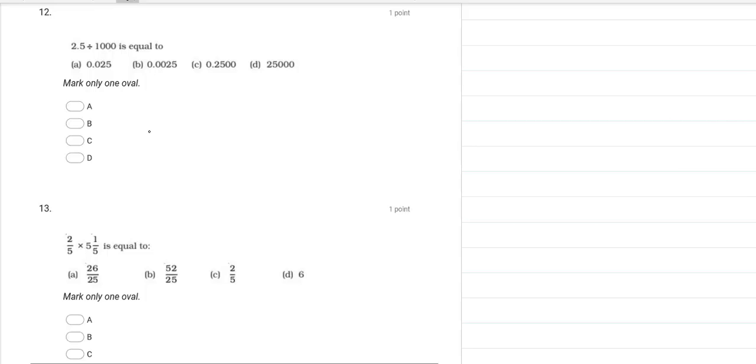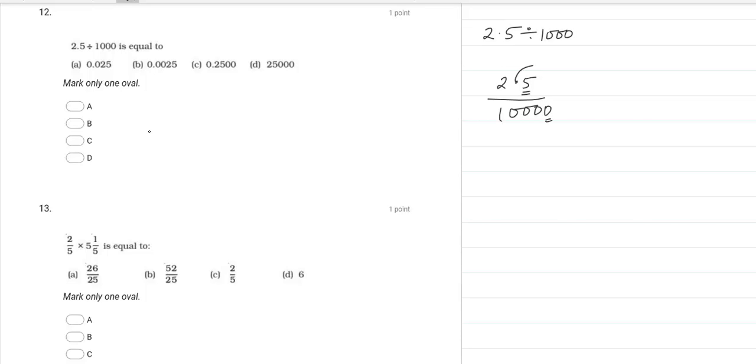We have 2.5 divided by 1000. Now, to solve this, I recommend you to first write it in fraction form like this. Now, we can cut these zeros and take this decimal to the left side, but the best way is to remove the decimal first and add one more 0 over here, because after the decimal we have only 1 digit.